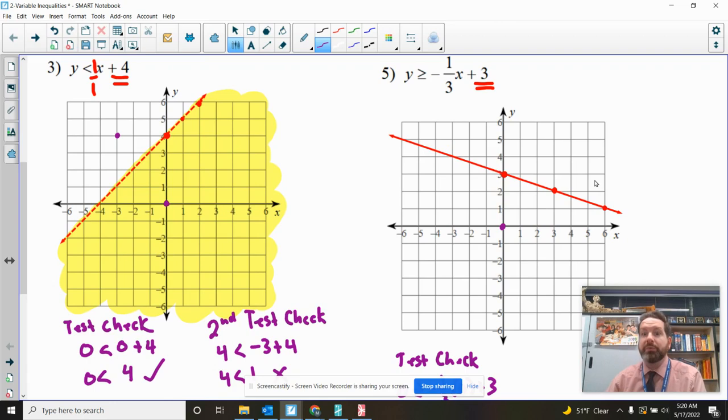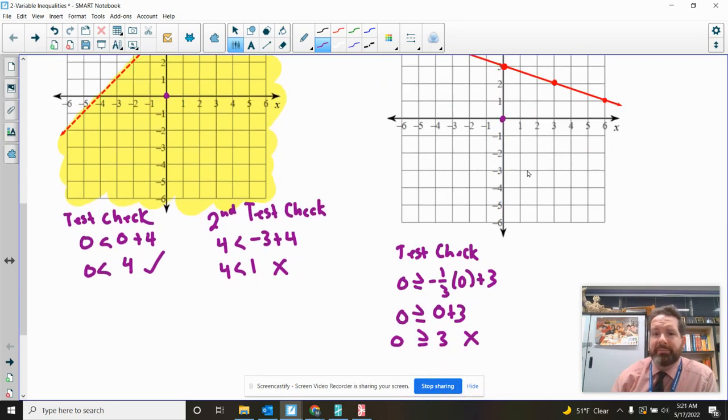Let's verify that, though, with a quick second test check. If you have the option, it's not a bad idea to pick a point that is on an axis, because if one of your numbers is 0, that tends to make your work a little bit easier. So for our second test check, I'm going to use this ordered pair, the 0, 5.